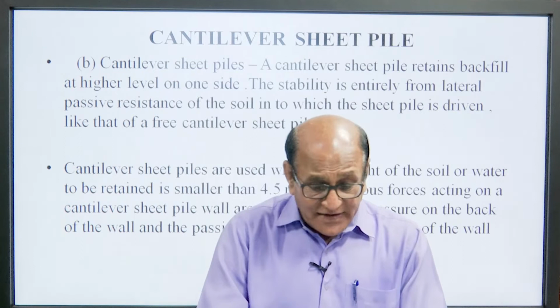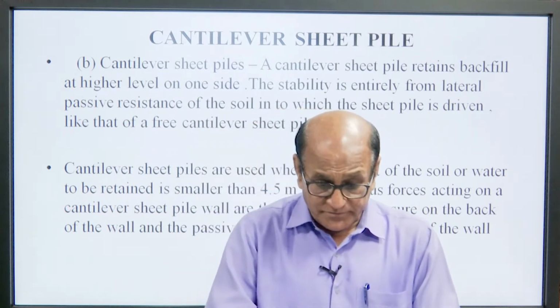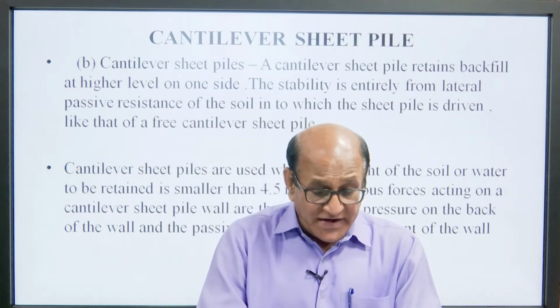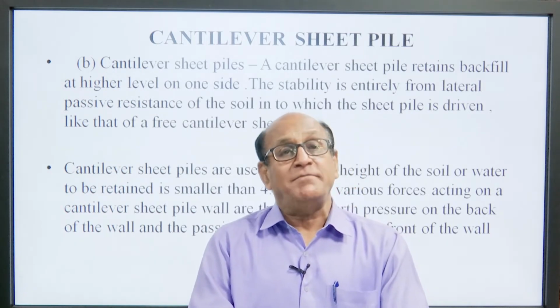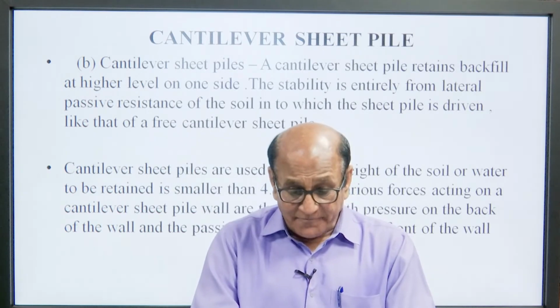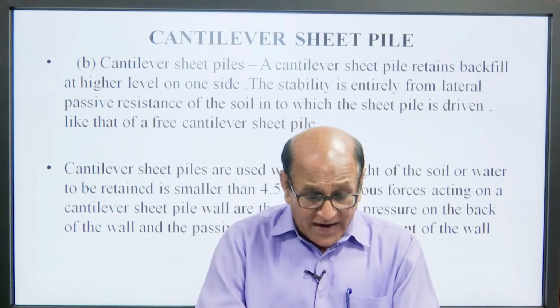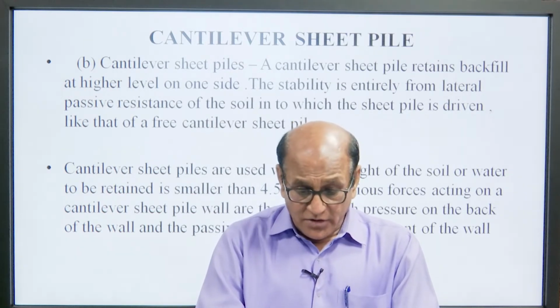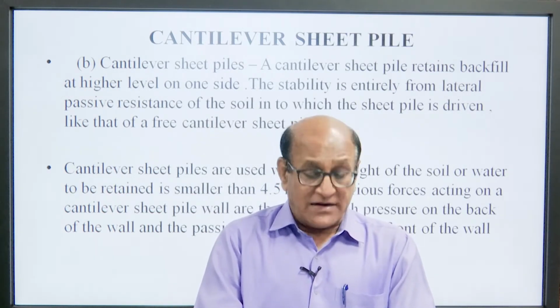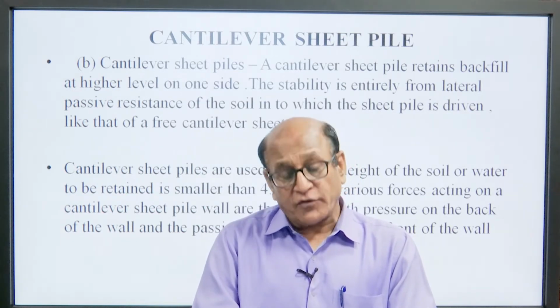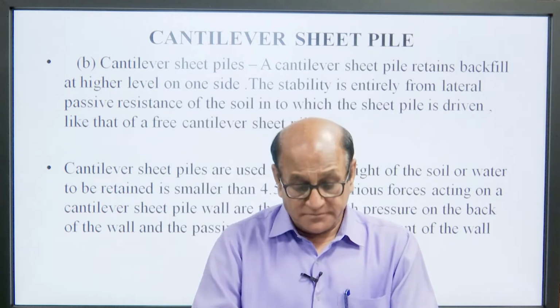Cantilever sheet piles are used where the height of soil or water to be retained is smaller than 4.5 meters. The various forces acting on a cantilever sheet pile wall are active earth pressure on the back of the wall and passive earth pressure on the front of the wall.